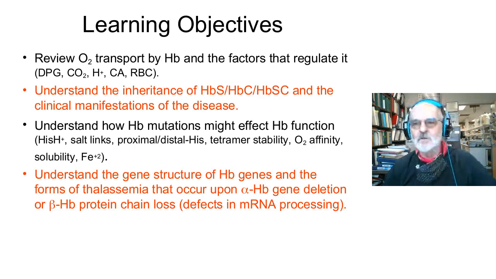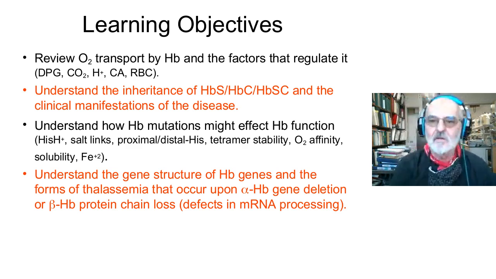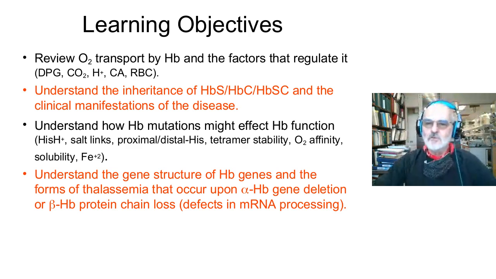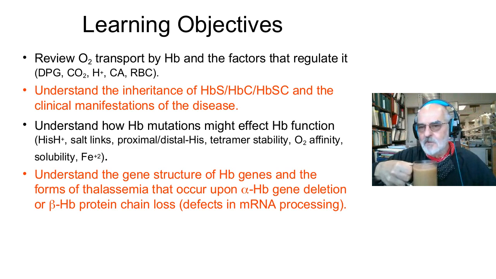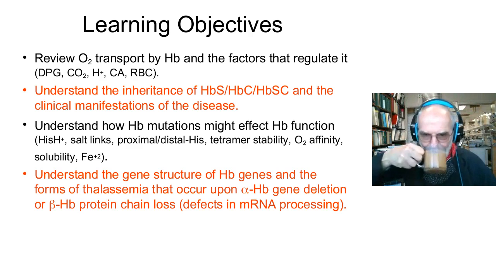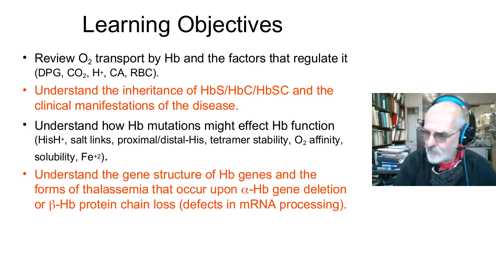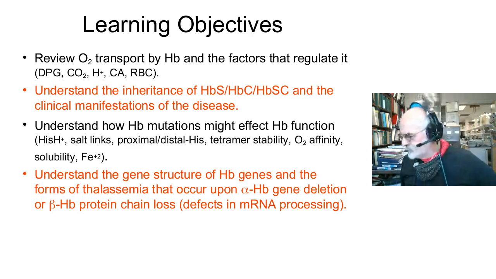So the learning objectives for today are that you should review and know all the features of hemoglobin structure function and its transport of oxygen from the lungs to the tissues. You should know the cooperativity characteristics of hemoglobin.